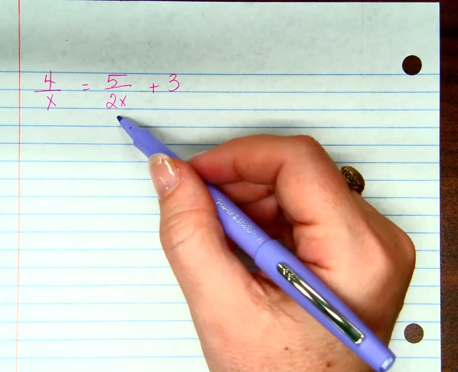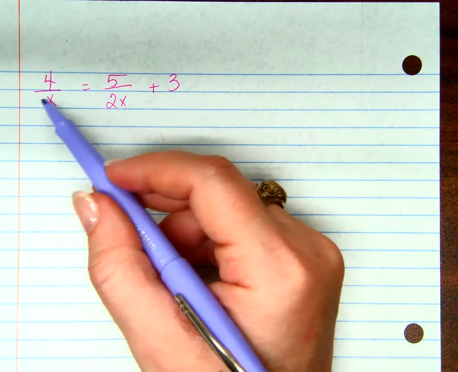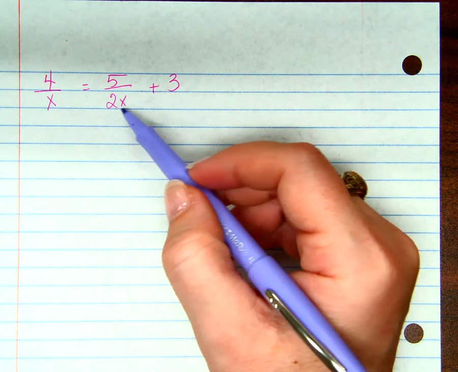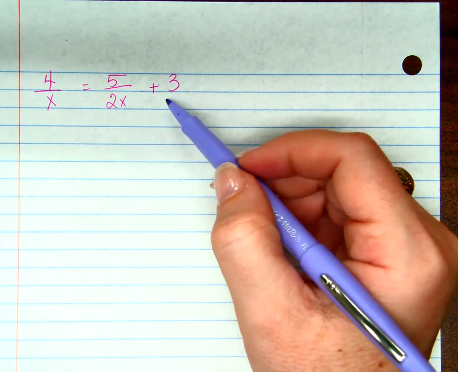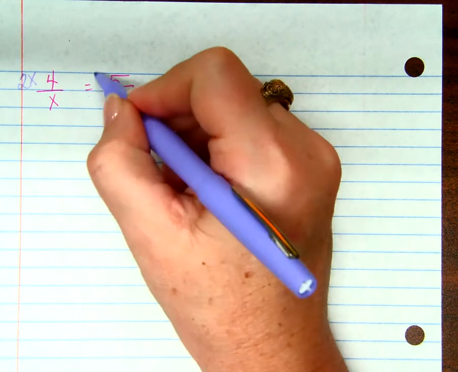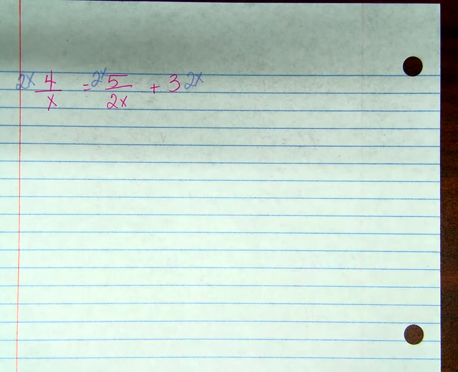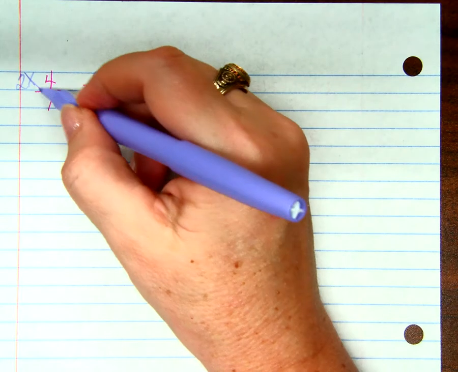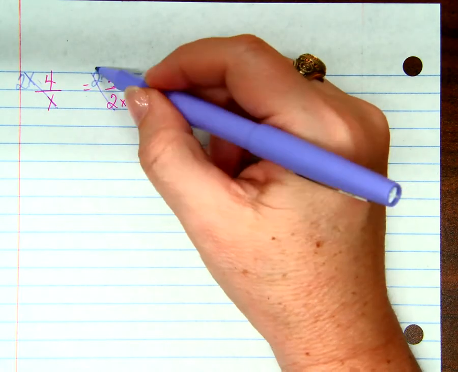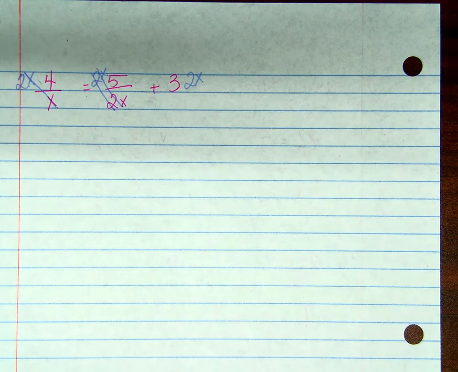Hopefully you see that that would be a 2x, because for this to be a 2x, I only need to multiply it by a 2. This one's already a 2x. This one doesn't have anything, so 2x is fine. So if I multiply each of these terms by 2x, everything, so I'm multiplying every term, the x's simplify right here, the 2's and the x's simplify here, and there's nothing to simplify there, so it's just straight multiplication.